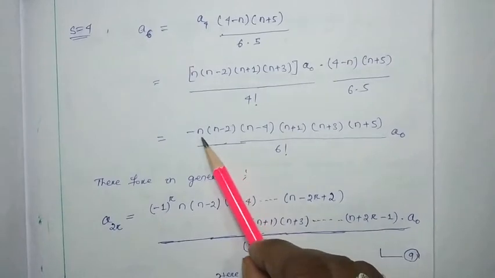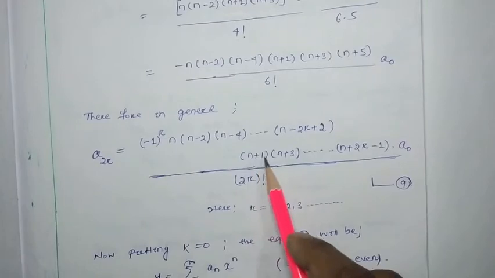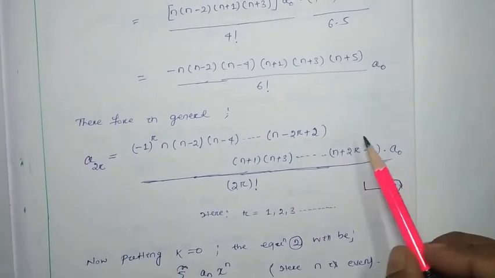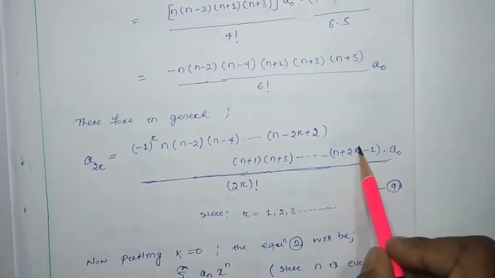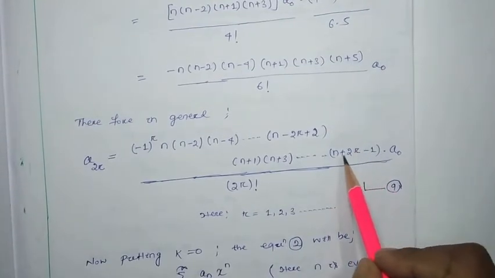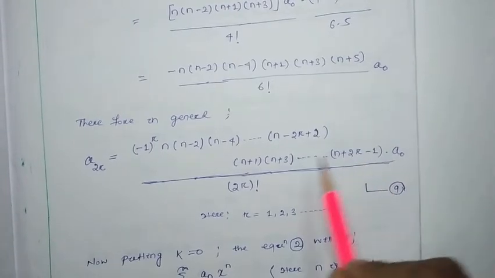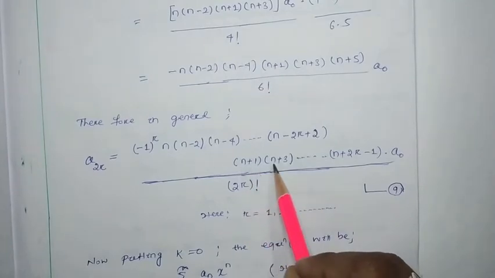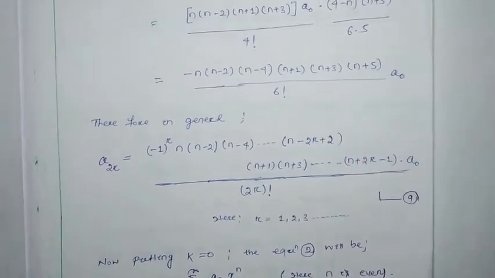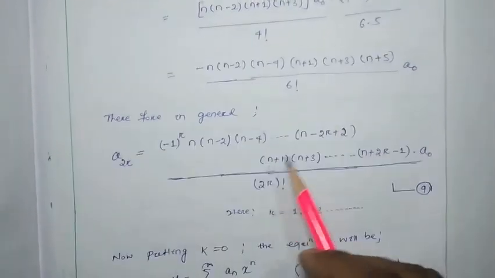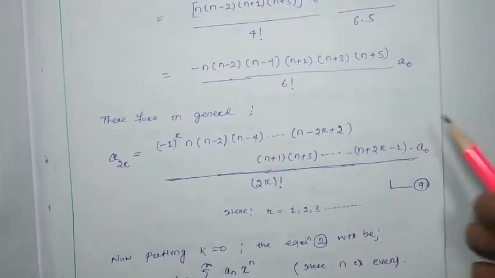So it is n into n minus 2 into n minus 4. Okay, n plus 1, n plus 3 up to n plus 2r minus 1. We have to consider r equal to 3. So n plus 3 into 2, 6 minus 1, 5. That means we have to consider n plus 1 into n plus 3 into n plus 5 divided by 2r factorial, means 6 factorial, and into A0. So hence this general expression is validated.